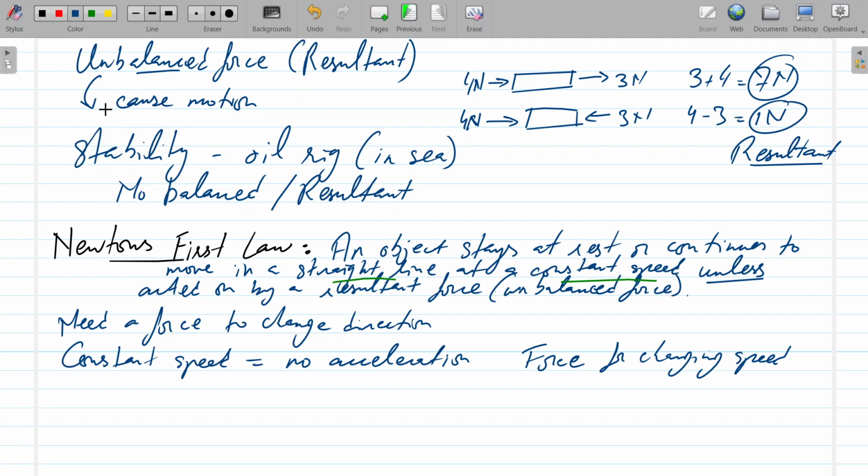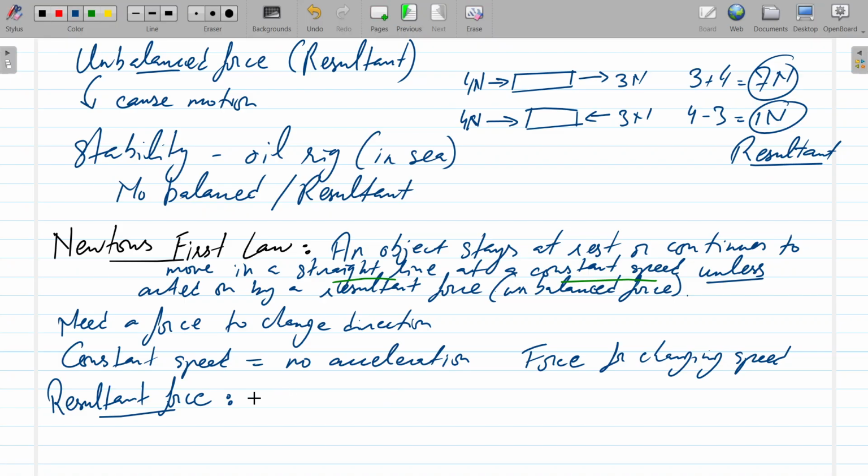And along with this, so this is the definition of Newton's first law, they also gave a definition of resultant force. So a resultant force may change the velocity of an object by changing its direction of motion or its speed. That's the definition they're giving in the book, so I'll just write that down.